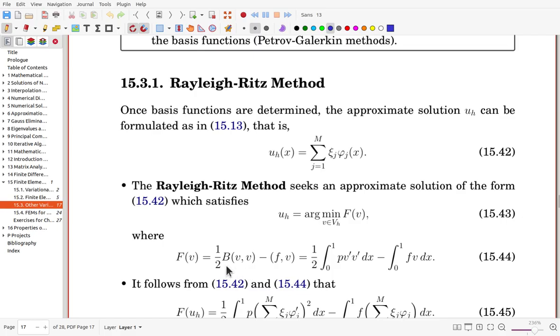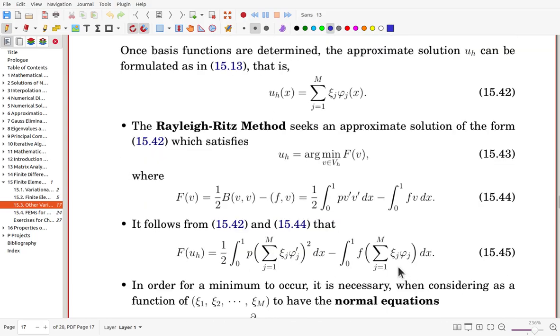Now that minimization problem is along with this functional. Now we try to find the minimizer of the functional. Okay. In detail, we can write in this way. And once we are using now U sub h for the position V, then we reach that one.